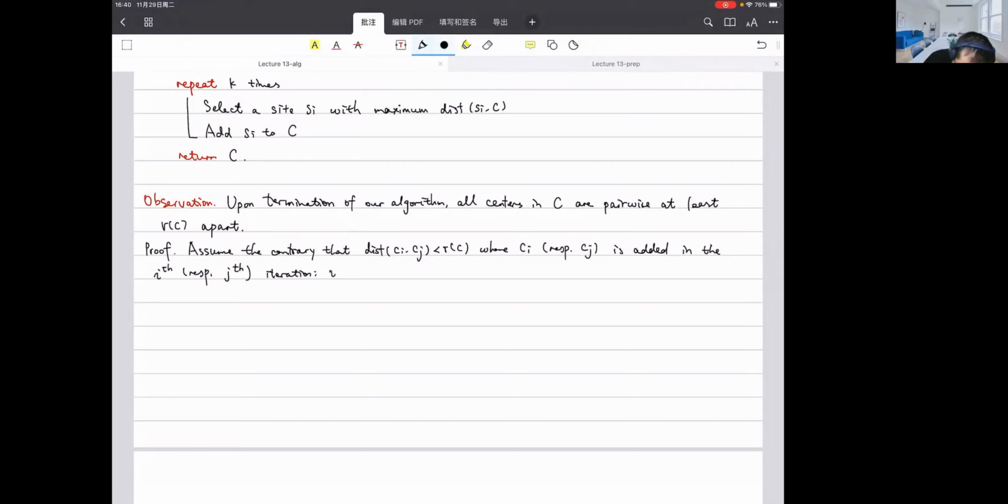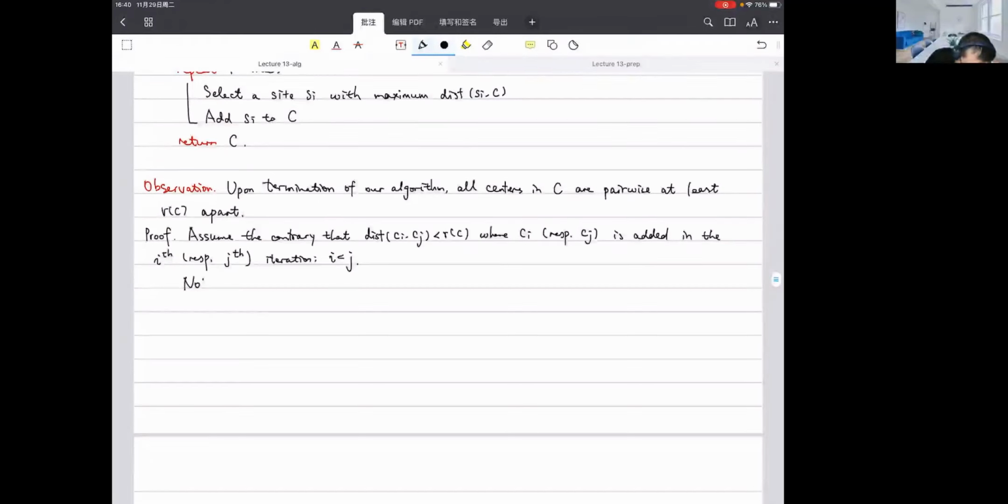And for our convenience, we say that I is strictly smaller than J. As we just mentioned, a very important property of R here is that adding centers will only make R smaller or equal.